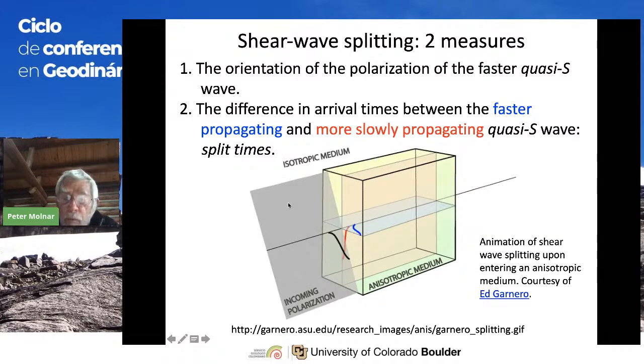So we can look at this in another way. We've been looking at the orientations. Remember, we get the splitting. The split time is the time difference between the two quasi-S waves.